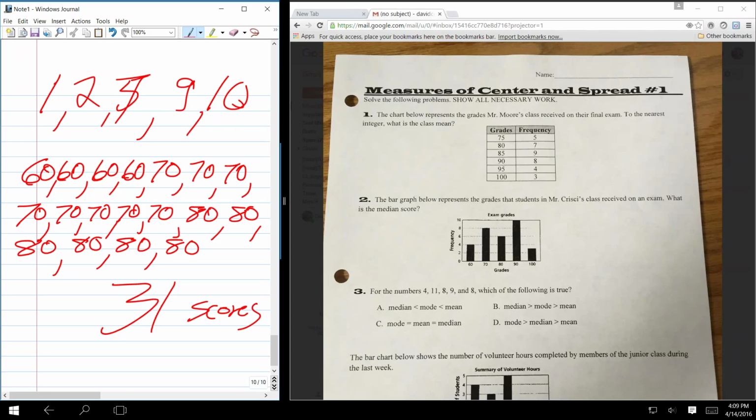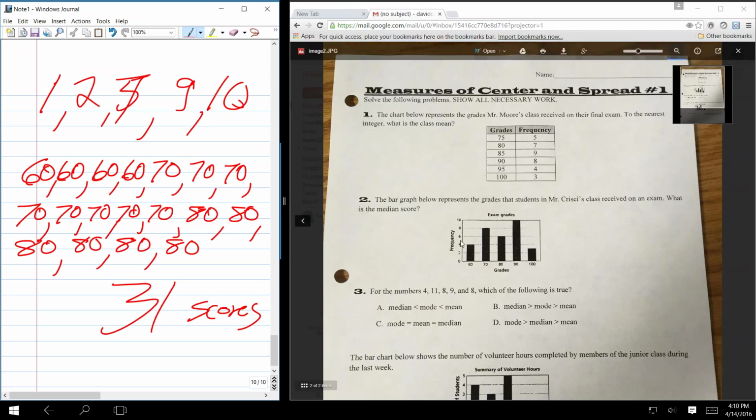So when I get done, I'm going to have 31 scores written. Which one will be the middle one? Is it the 15th one, the 16th one, the 17th one? There's 31 overall scores, right? Right. So it'll be the 16th one. Correct.